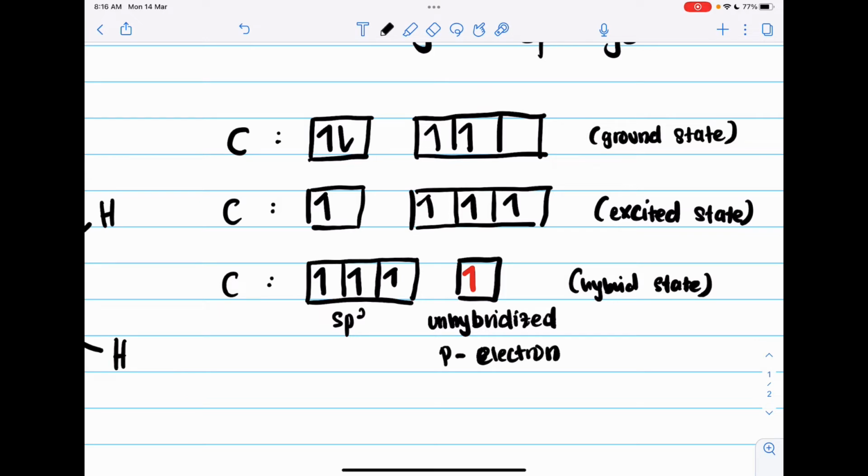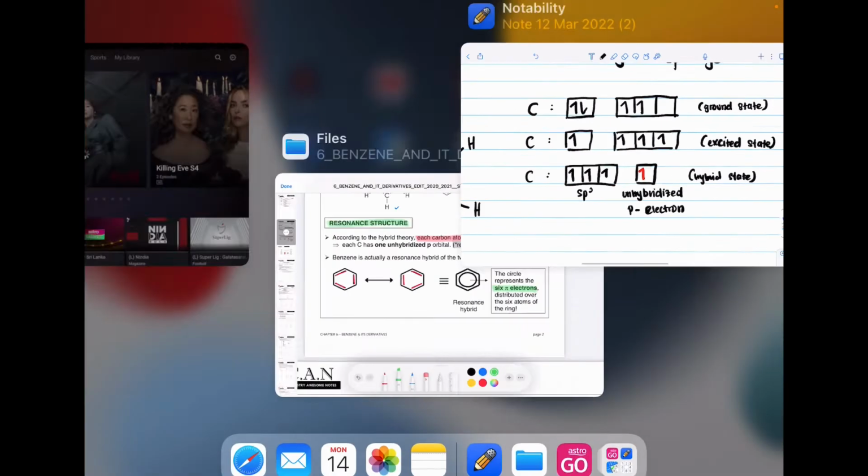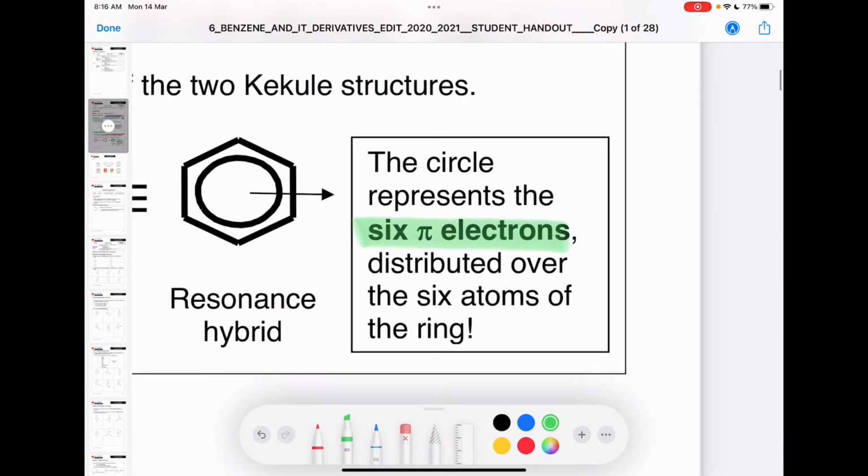So dia tidak dihybrid, right? Dia tidak dihybrid. So ini yang kalau lihat tadi dia ada kata it has 6 pi electron.